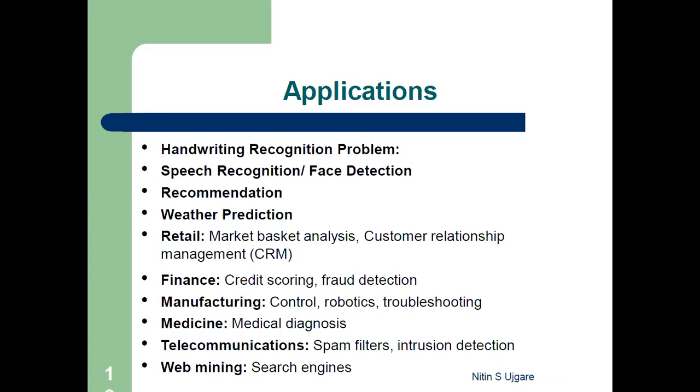Performance P will be the percentage of words which are correctly classified. Other applications of machine learning are speech recognition and face detection. But on top of all these, a very important application of machine learning is the recommendation engine.